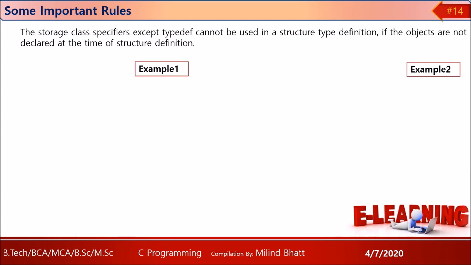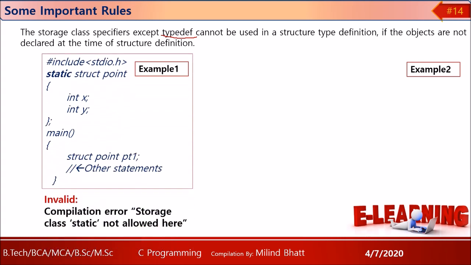Some more important rules. The storage class specifier except typedef cannot be used in a structure type definition if the objects are not declared at the time of the structure definition. What does it mean? I have used a structure point, with two members x and y as coordinates.